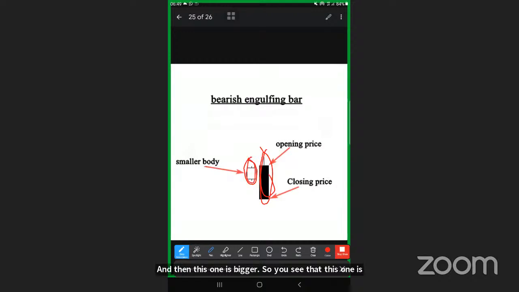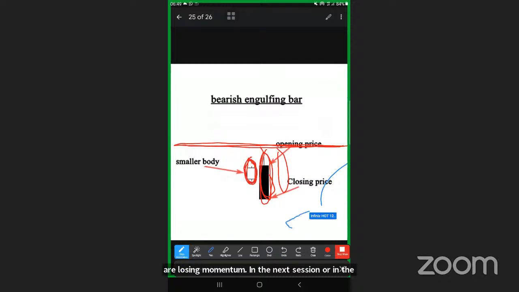Mostly the market is resisting this area. It cannot go further than this. So it means buyers are losing momentum. In the next session, or in the third session, you will discover that buyers have lost power. Sellers have taken over. That's what we were looking at, the bearish engulfing bar.